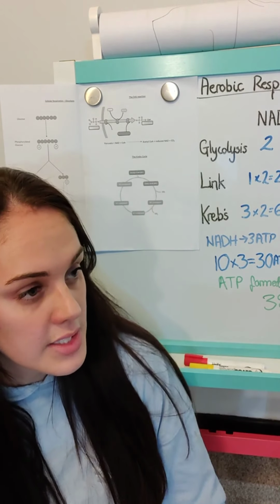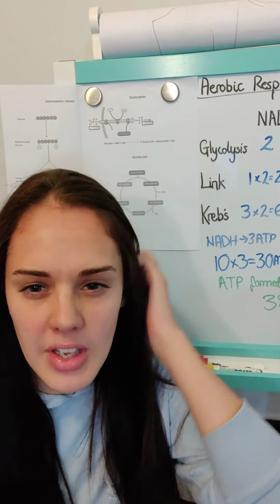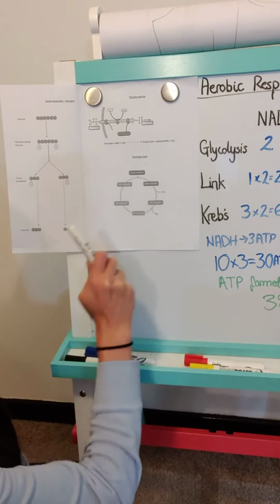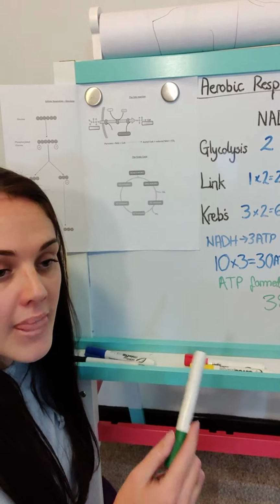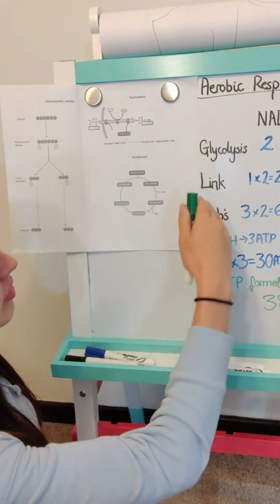The other thing is that you need to be able to talk about dehydrogenation, and I don't think I've mentioned that as we've gone through. Dehydrogenation is just when these are reduced.